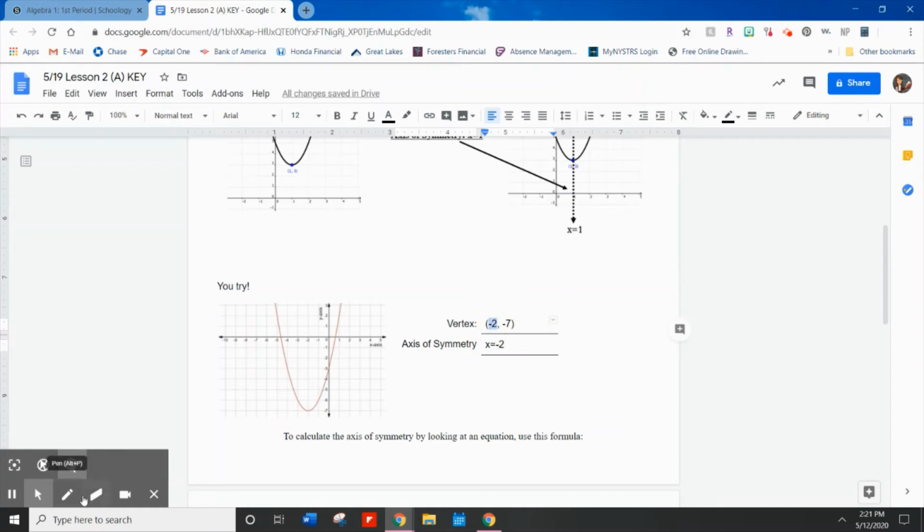But if you're on your physical hard copy, you should be drawing in your axis of symmetry, which means drawing a vertical dotted line through the vertex to cut the parabola into two symmetrical pieces. That would be my line, and I always have to label it with the equation of my line, which is x equals -2, because it goes through the x-axis at -2.